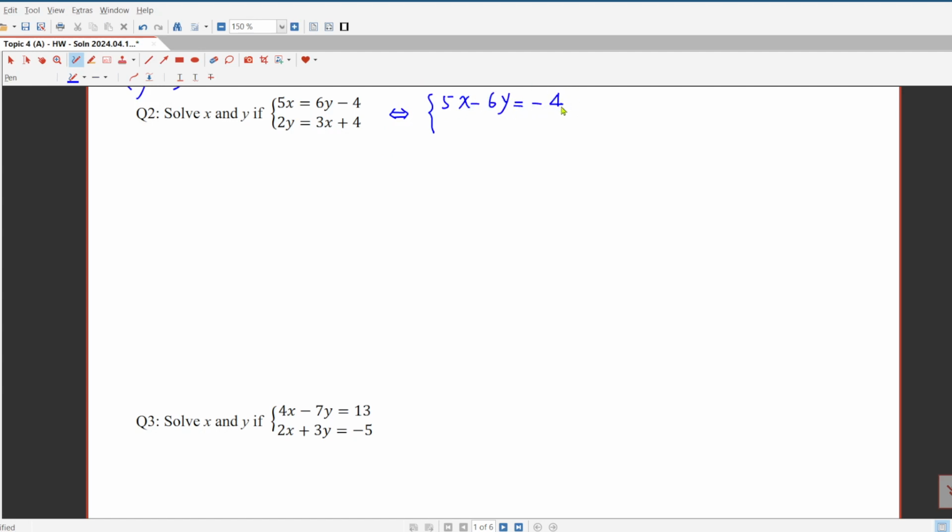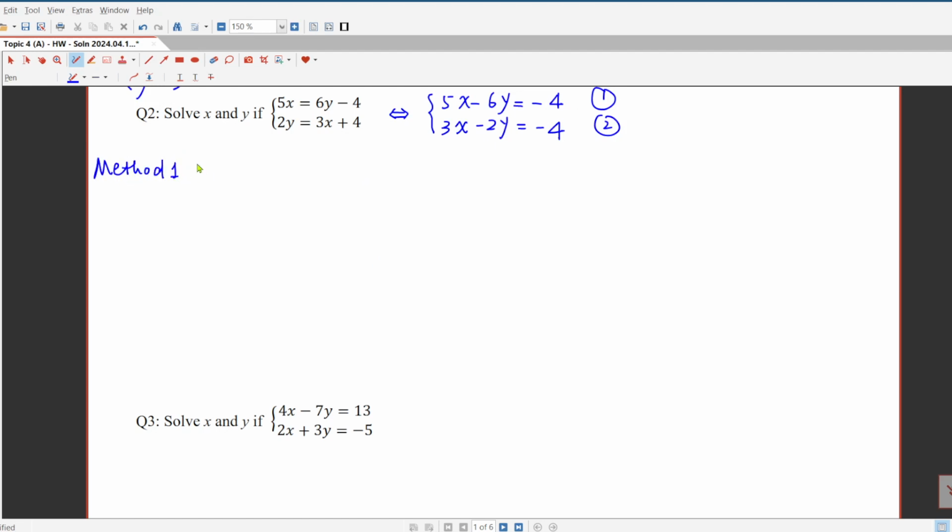Usually we'll put the constant number to the other side of the equation, right? And 3x minus 2y equals -4, right?